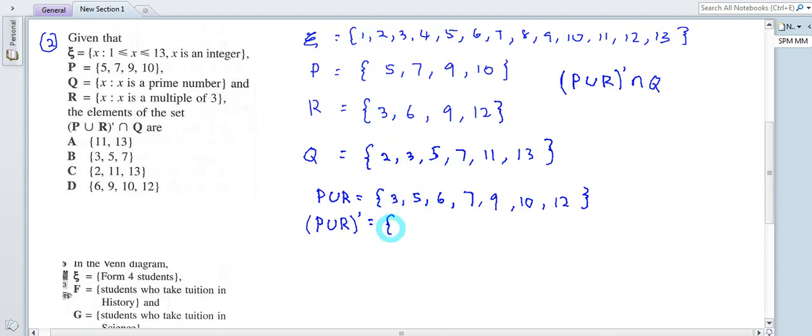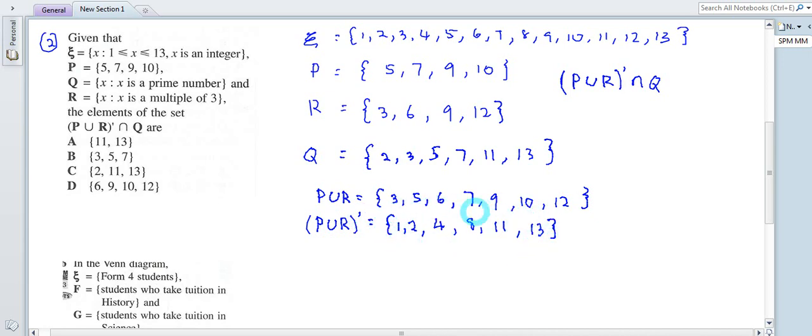Okay, 1, okay, 2, okay, 3 inside, we cannot take it, 4, okay, 5 inside, 6 inside, 7 inside here, 8, okay, we can take it, 9 is inside here, 10 is inside here, okay, 11 and 13. So this is P union R complement.